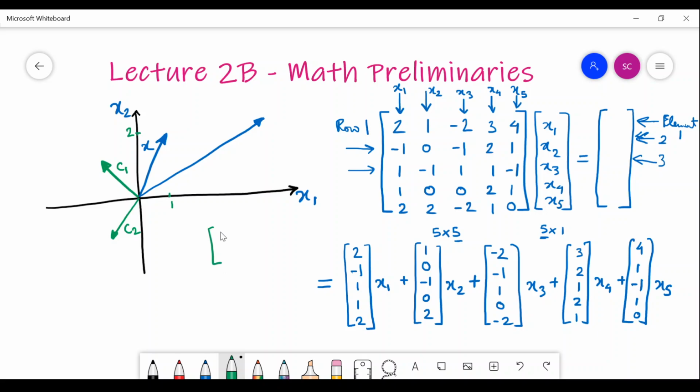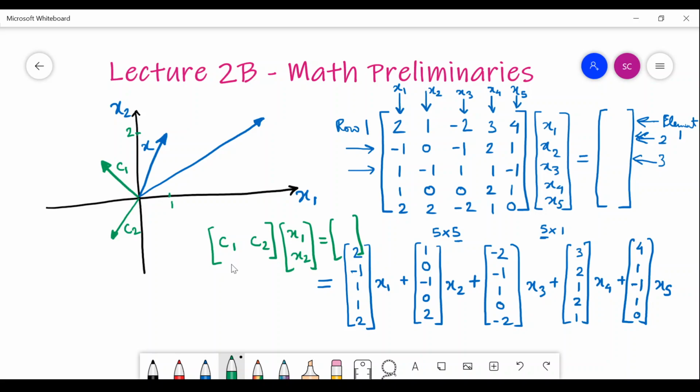Let me write it down so that you get an understanding. So c1, c2, these are the columns of the matrix getting multiplied with x1, x2, which is the vector. And my question is, what is this final vector?